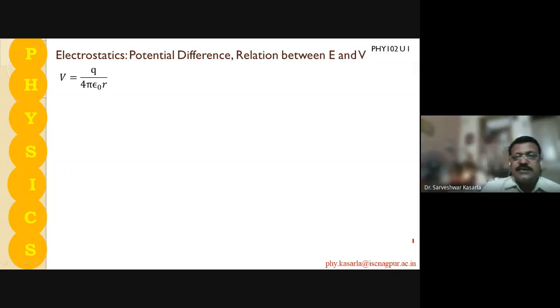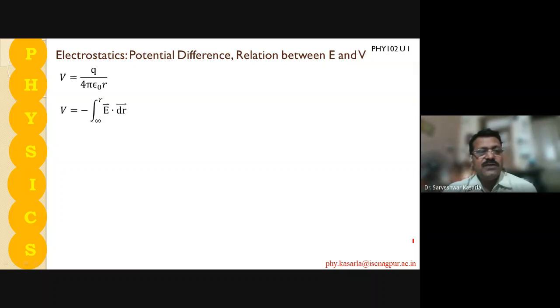Let us see the relation between electric field intensity and the potential. We have the potential formula V is equal to minus integration of E dr, which we have already seen.